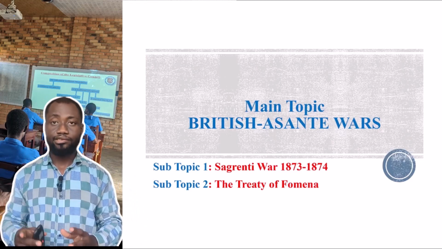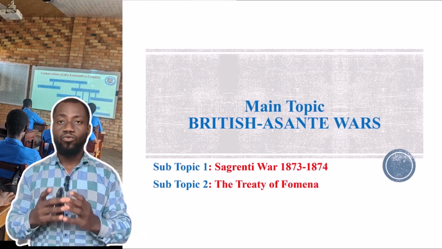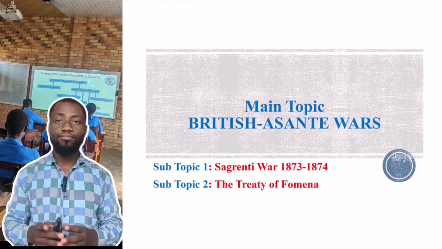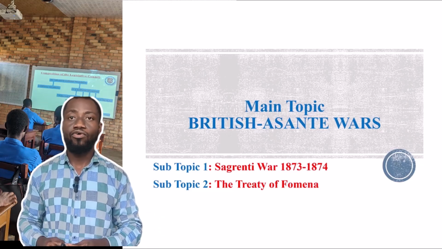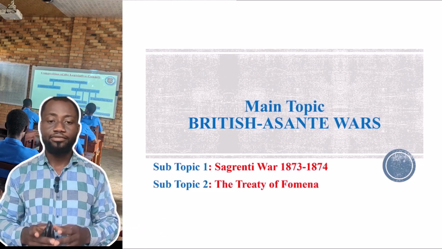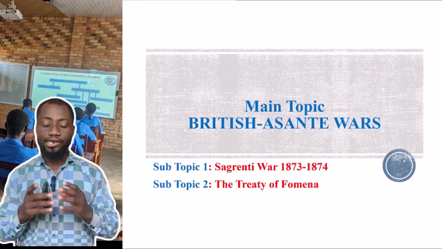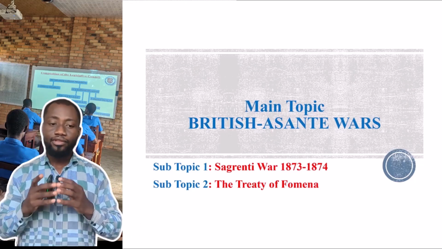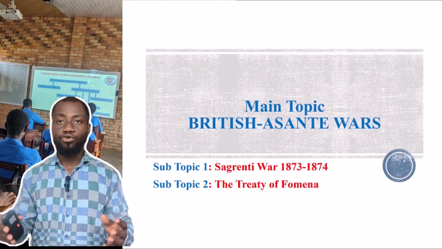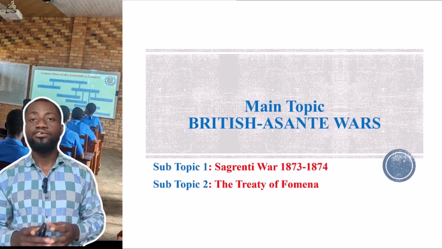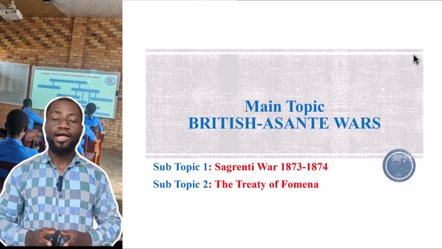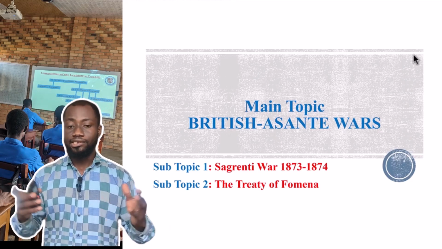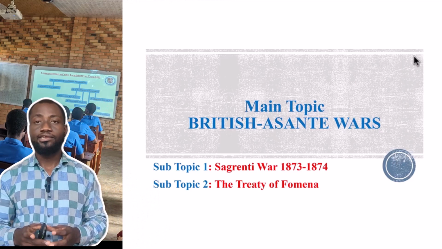And so in today's lesson, I would like us to look at one of such wars, an example of such Anglo-Asante war, which is the Sagrenti War of 1873 to 1874. And that is going to be our first subtopic. Then we take a look at the Treaty of Fomena, which was also signed after the war was fought. And so basically, this is what all this lesson is about.